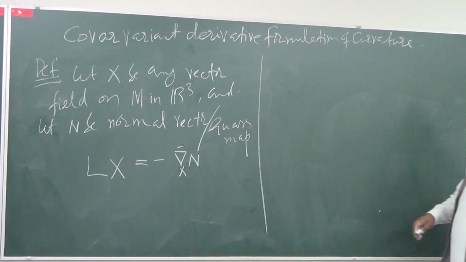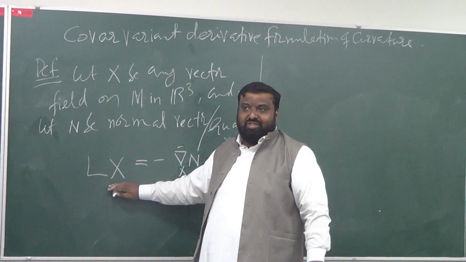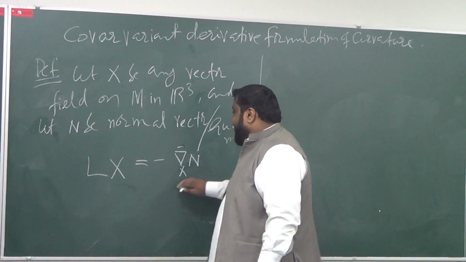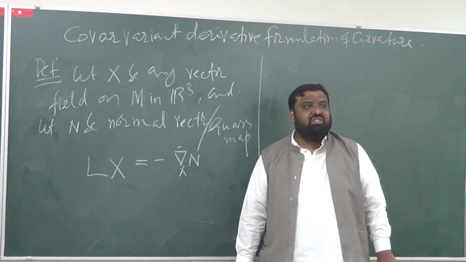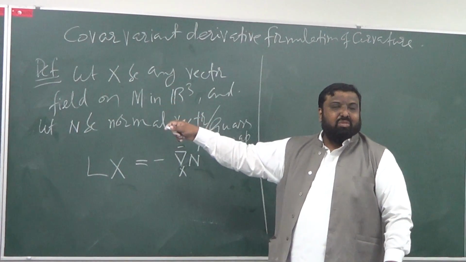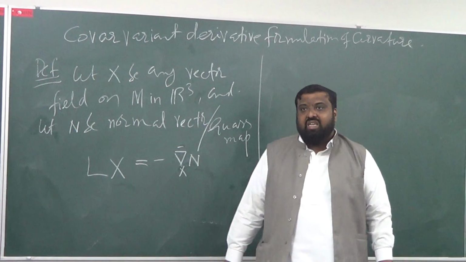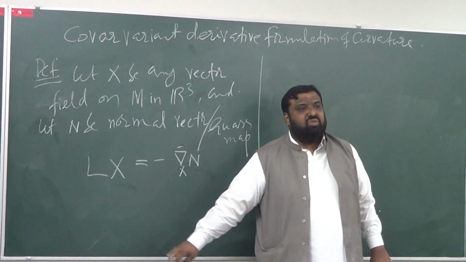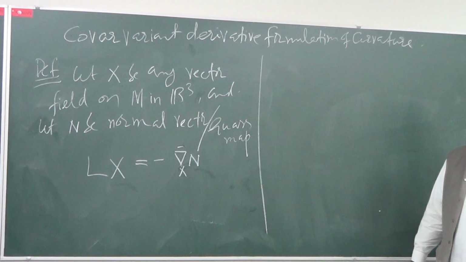What I'm saying is: take a vector field, take a particular direction on a surface, and move the normal vector in that direction. That's what we were doing all the time. Move the normal vector in this manner and see what happens. This minus is out of convenience, it's just a convention. We are treating N as a vector field.